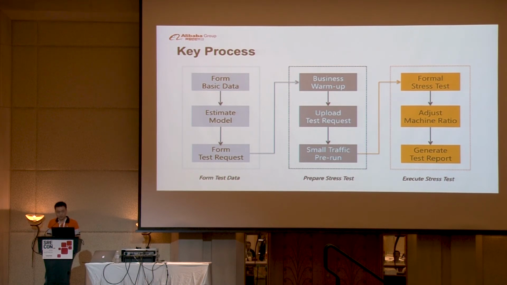We should warm up systems, upload data, and check whether everything is okay by pre-running a small traffic flow. Step 3 is stress test execution. Adjust machine counts among different systems at the same time, then generate a test report.